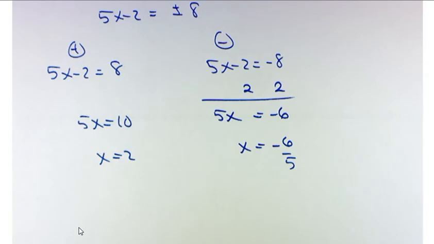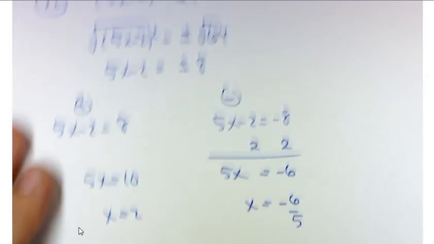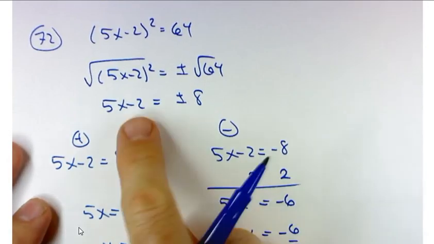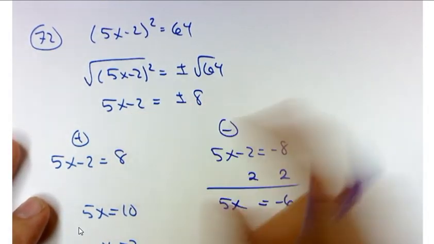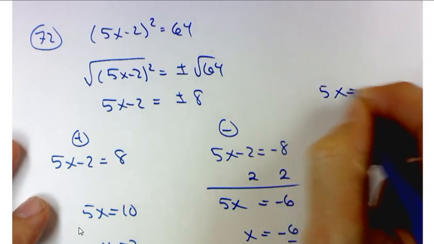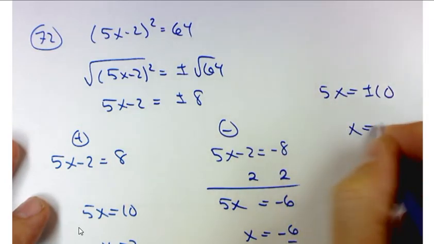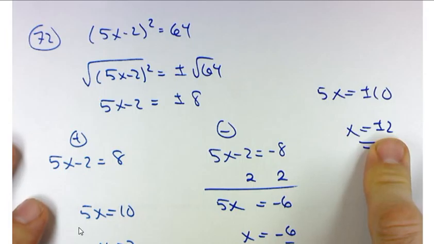Whenever we have a problem that looks like that, 5x minus 2 squared, do we always have to check, do the add and the subtraction? Yeah, because what happens if you try and move the 2 over and do 5x equals plus or minus 10, x equals plus or minus 2? Well, one of those solutions is wrong. It would be the negative 2.